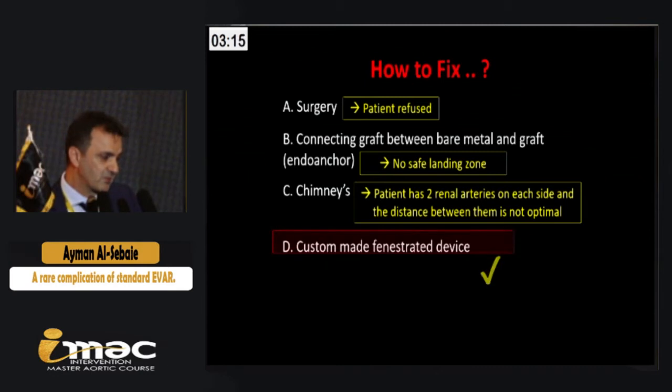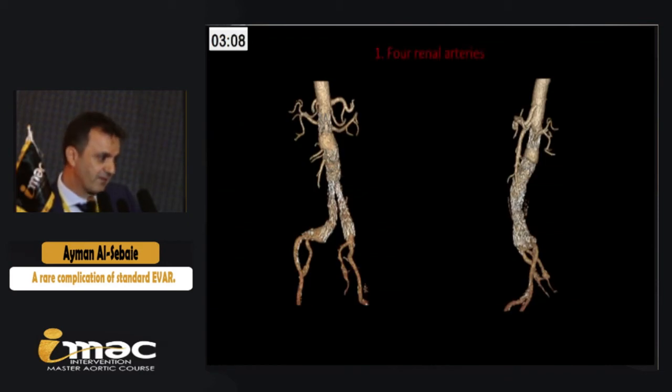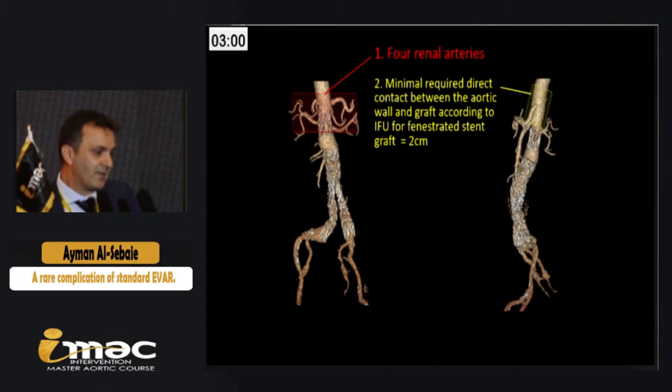So we decided to go for the custom-made fenestrated device. However, there are challenges. The first challenge, the patient has 4 renal arteries. So on each side, we have 2 renal arteries. And according to the IFU of the fenestrated stent graft, the minimal required direct contact between the aortic wall and graft is 2 centimeters.